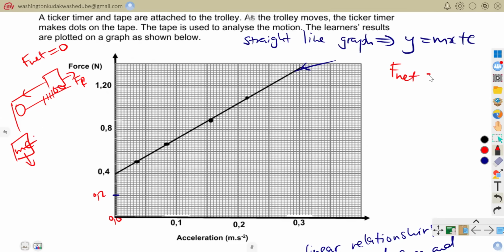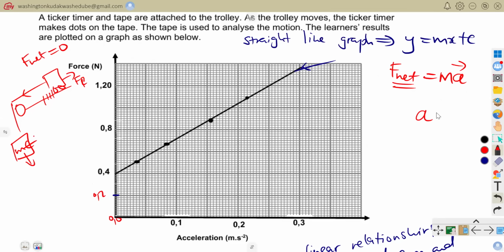So at some point in time, our y should be in representation of our net force, so that the net force can be equivalent to 0 when our acceleration is 0. Can you see that?